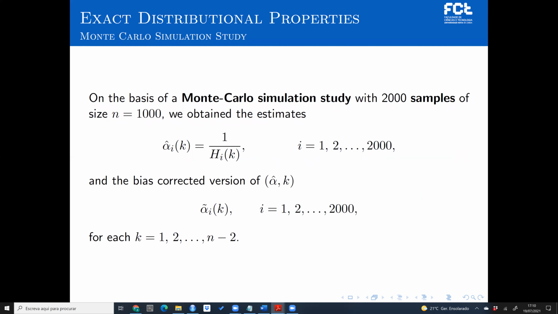So, to assess the finite sample performance of the two estimators considered in this work, we made a Monte Carlo simulation study with 2,000 samples of size 1,000, and we obtained estimates for the modified Hill estimator, the one proposed by Alzaatreh and Alzadar, and for the bias corrected version.